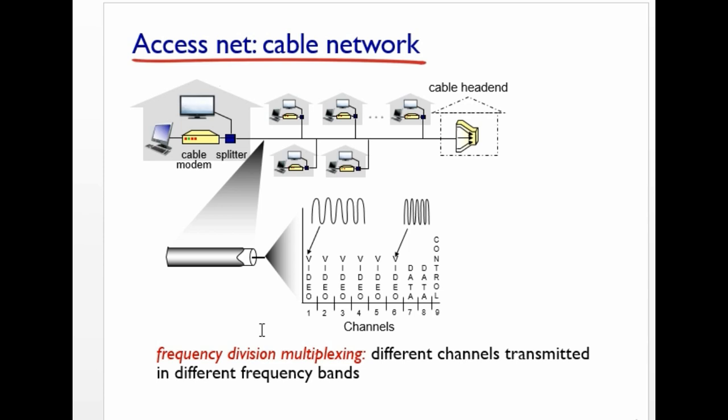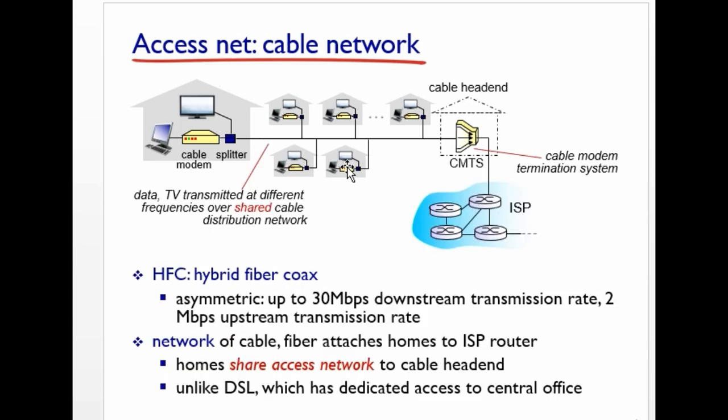In frequency division, we are reducing the noise in our line. So we are working on frequency division multiplexing for cable. This picture should make everything clear: how your transmission works through the cable modem.